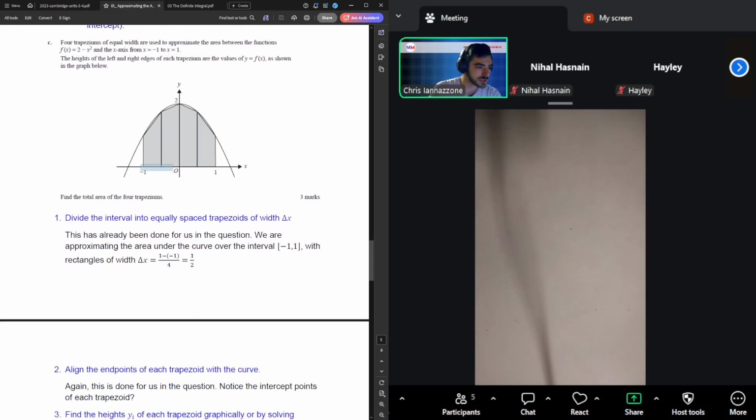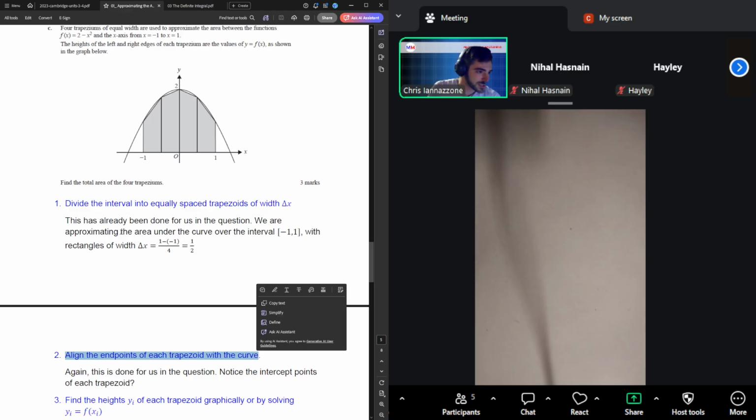Right, you still want to figure out what is the width of all of my shapes because that still matters for the area formula of the trapezium. So in this case, we're not explicitly told what it is, but we do know we've got a total of 4 trapeziums in the interval of -1 to 1. Divide that all up, and we're going to have a half for all of those widths.